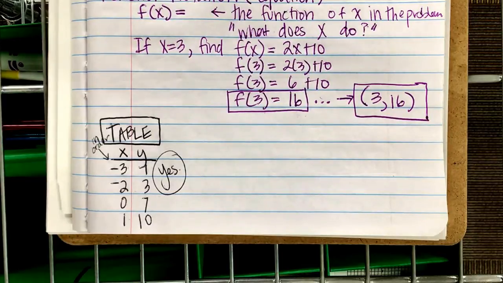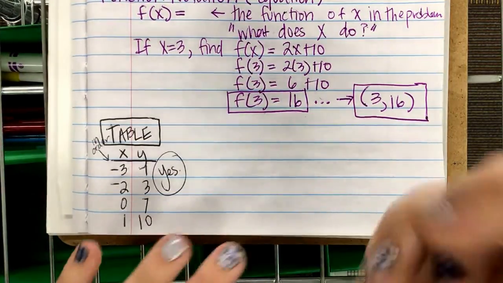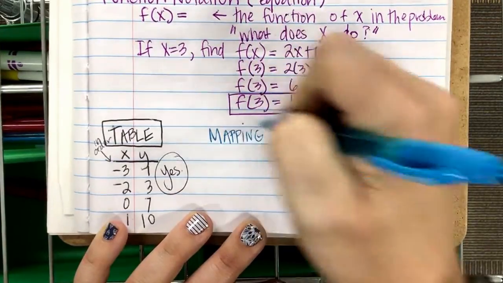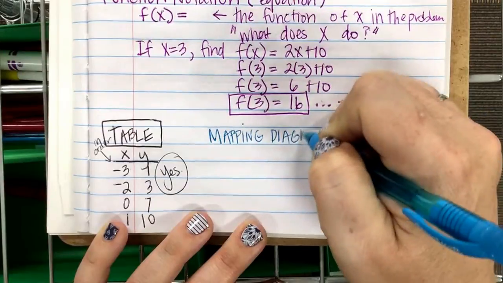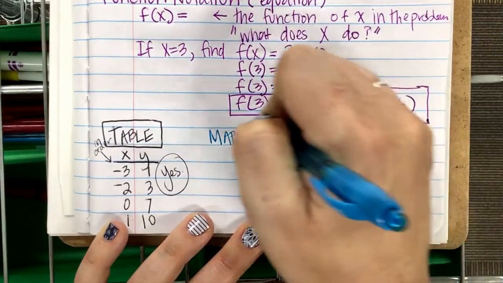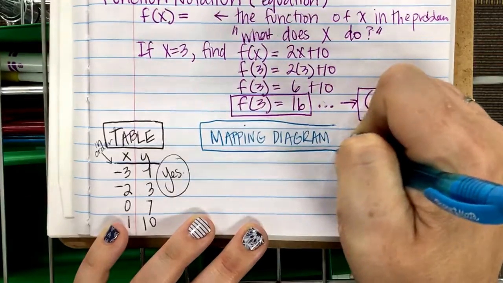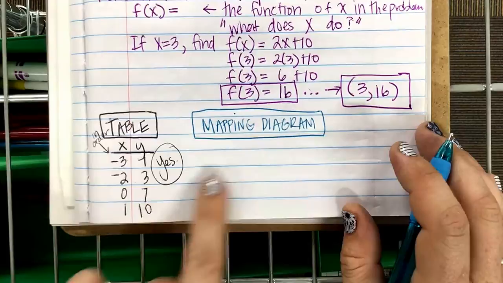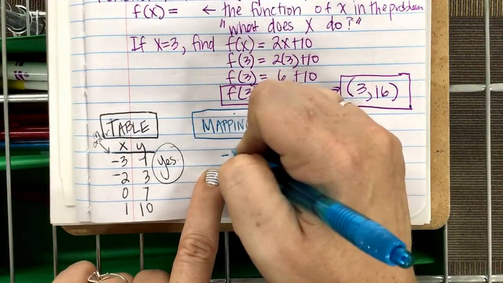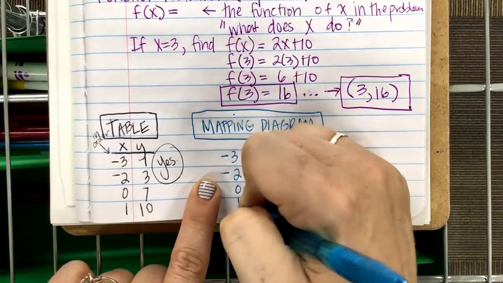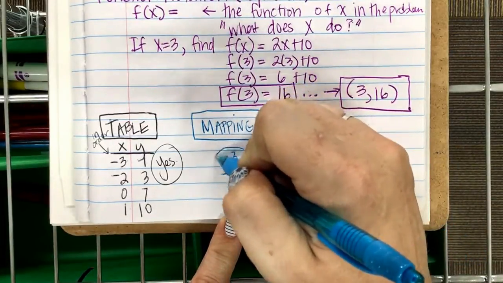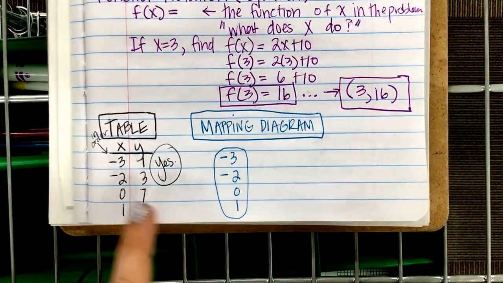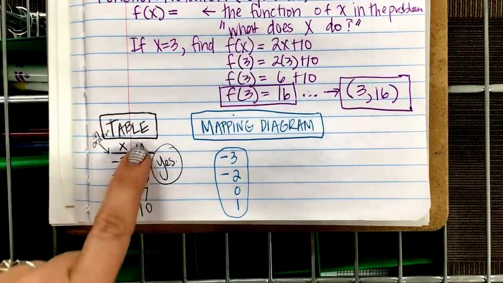Or you might see what's called a mapping diagram. Mapping diagrams are a little out there. But once you know what it looks like and what it means, it makes sense. So we're going to do this same one over here. It's like an input-output table, right? I have my x values, and sometimes it's in a little circle or something like that. And then I put these in order.